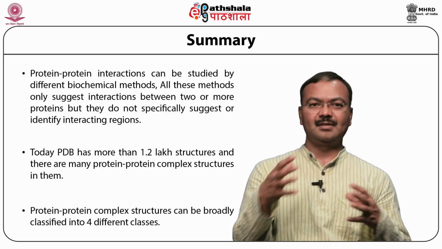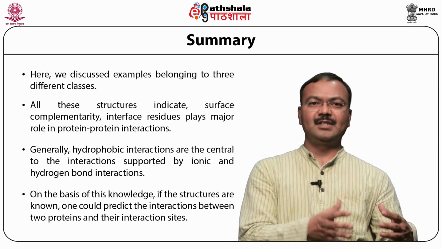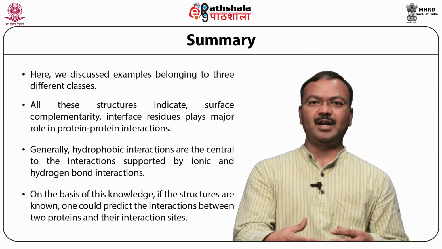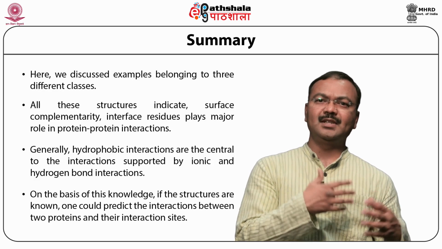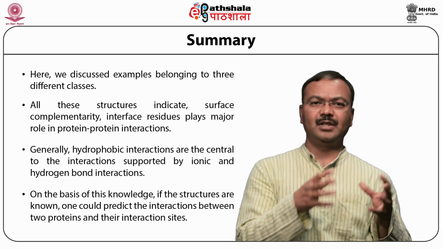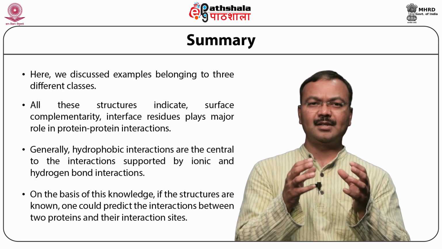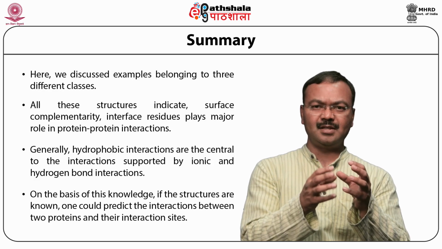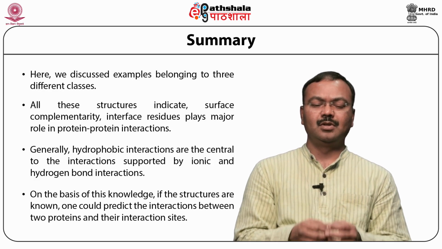Now we summarize this module on protein-protein interactions. As we discussed before, protein-protein interactions can be studied by different biochemical methods. All these methods only suggest the interaction between two or more proteins, but they do not specify the interacting regions or residues.